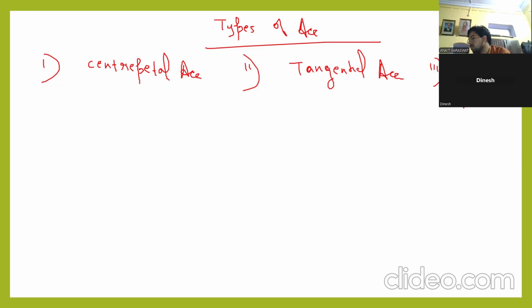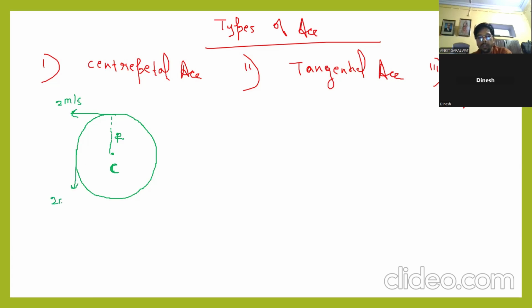Clear? Now, if you look carefully, when this particle is moving in a circular path, this is the center, and from the center, this is R. Here the velocity is 2 meter per second.